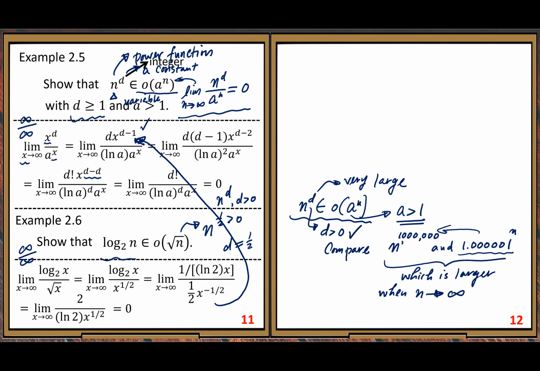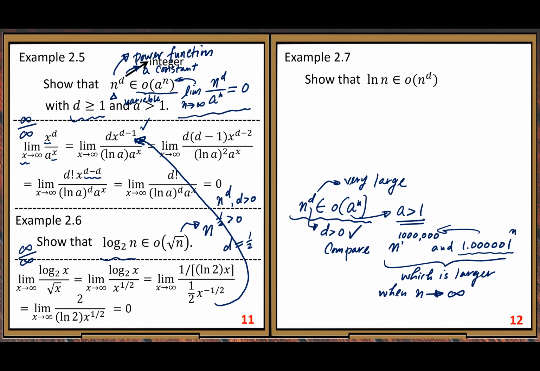Then our conclusion. Now here I use square root of n, and that's just a special case, right? We can have a general case. This time we consider the general case.